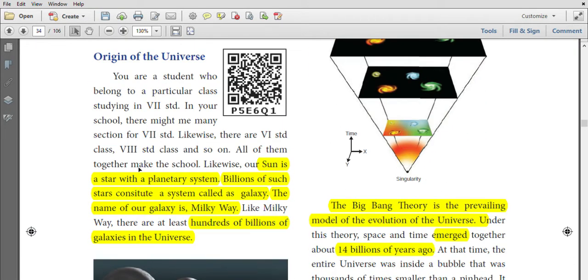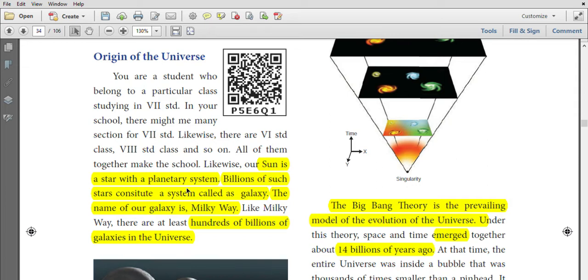The Sun is a star with a planetary system. Planets are going around the Sun. 9 planets are going around the Sun. Billions of such stars constitute a system called a galaxy. Galaxies are groups of stars.